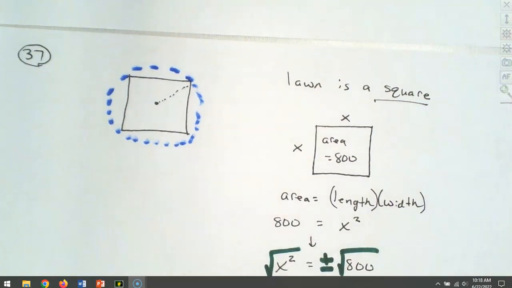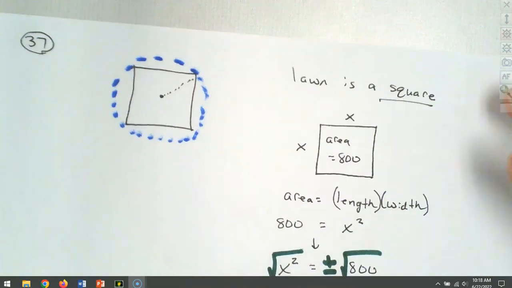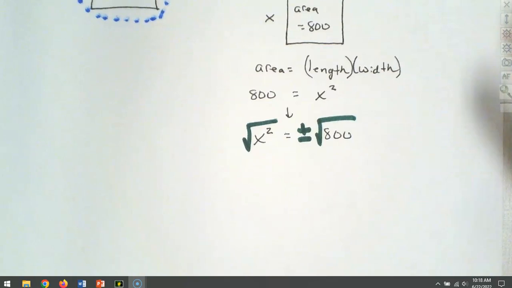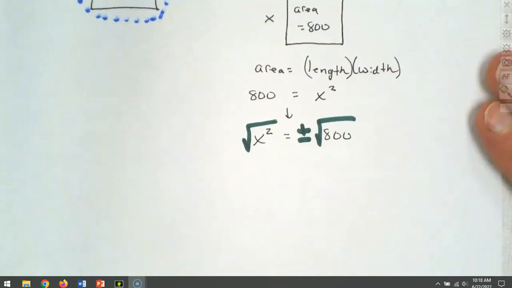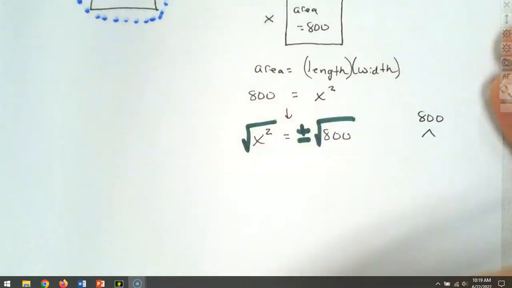And how does that 800 break down? We're not going to use a calculator. We're going to break it down just like we did in 1-3. So 800, well, I can break that down many different ways, but it ends in a double zero, so let's try 100.